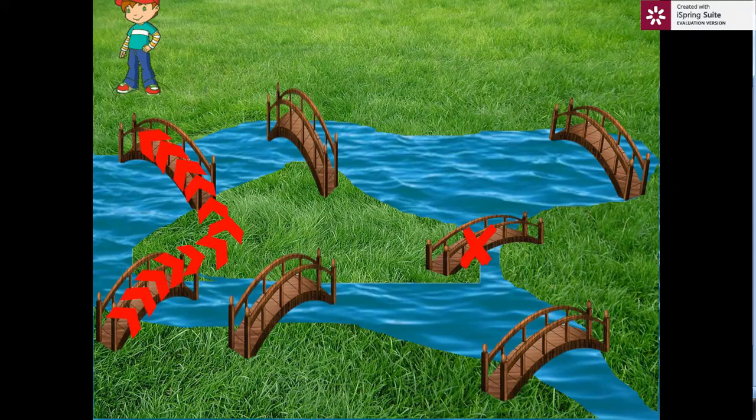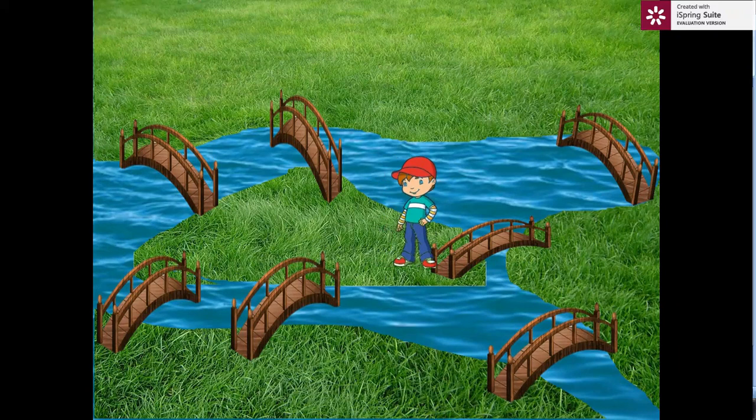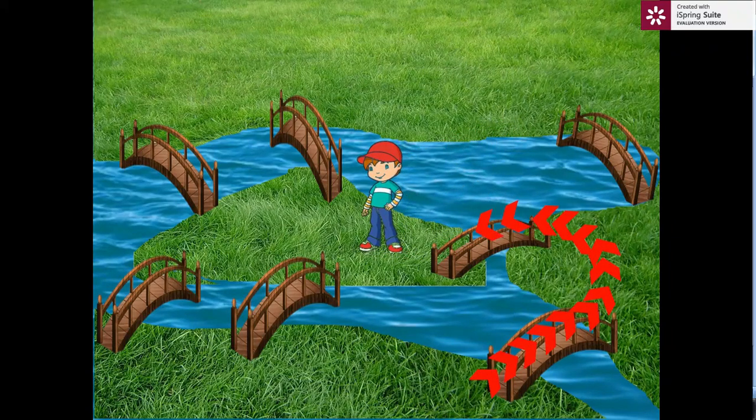One more time. Again, 2 bridges are twice used and 1 is not used. So, it is not possible. Why is it not possible?